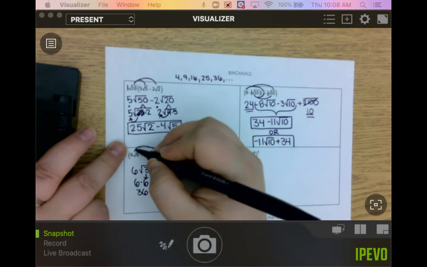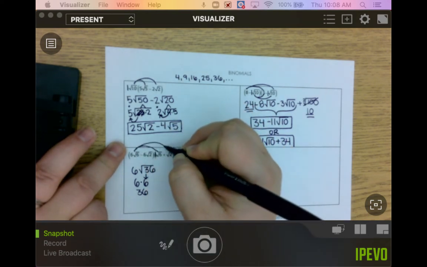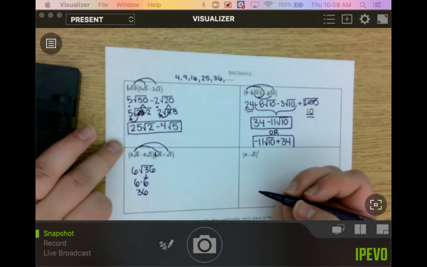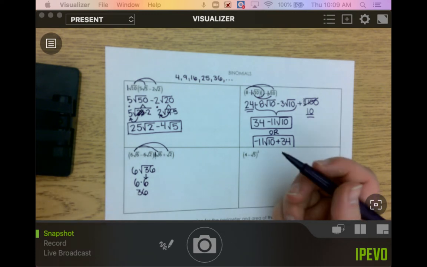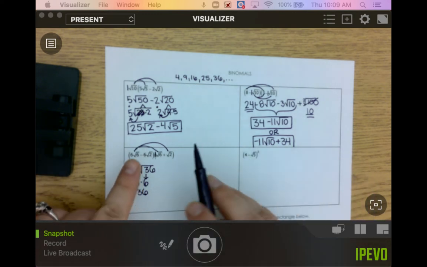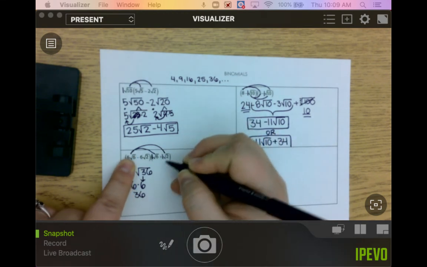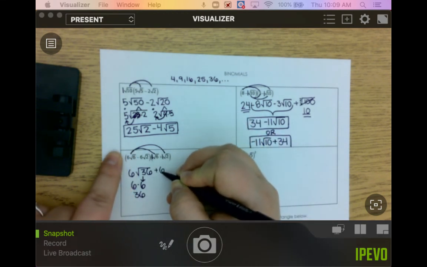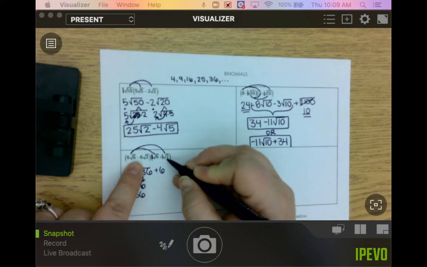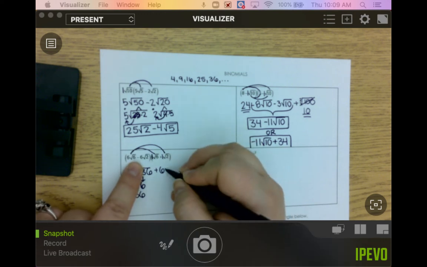And then I'm going to do 6 square roots of 6 times the square root of 2. I know these look complicated, guys, but if you follow my steps, it's super simple. The numbers outside, 6 times 1 is 6. And then multiply the numbers inside. 6 times 2 is 12.